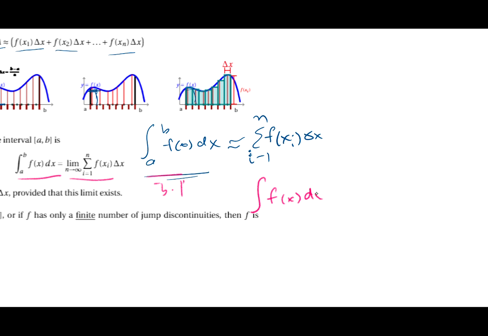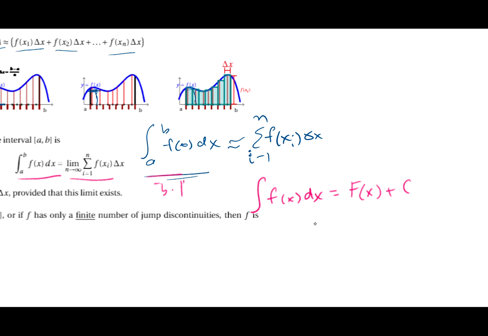The integral of f of x dx is the antiderivative of f, so it's F of x. There are many of these, and they all differ by a constant.